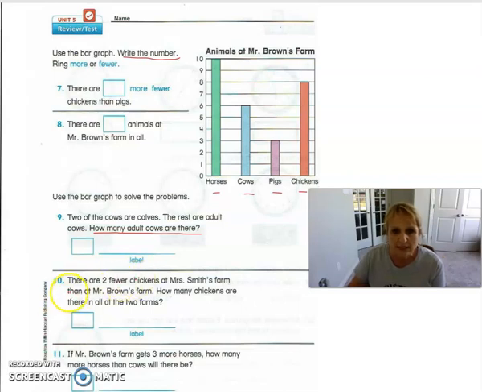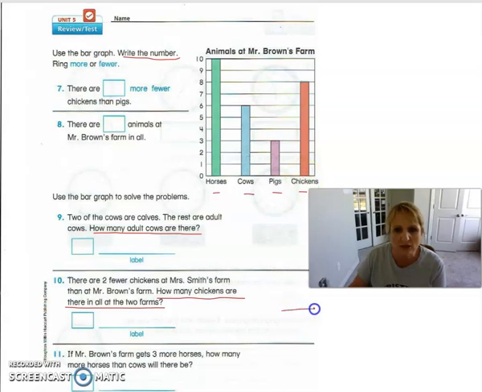Number 10 says there are 2 fewer chickens at Mrs. Smith's farm than at Mr. Brown's farm. How many chickens are there in all at the 2 farms? So we need to know how many chickens Mr. Brown has. Okay.